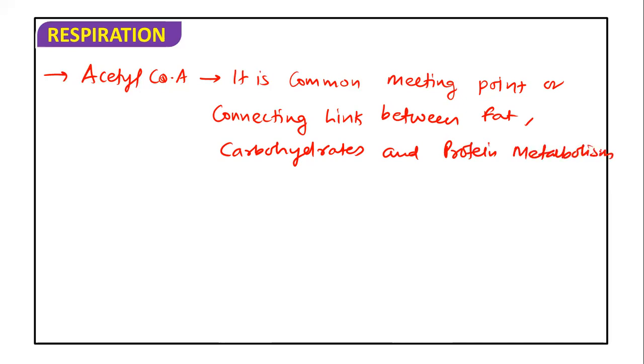So during the breakdown of all this, either protein, carbohydrate or fat, the meeting point or intermediate compound acetyl coenzyme A is common. So because of this, we call it a common meeting point or connecting link.